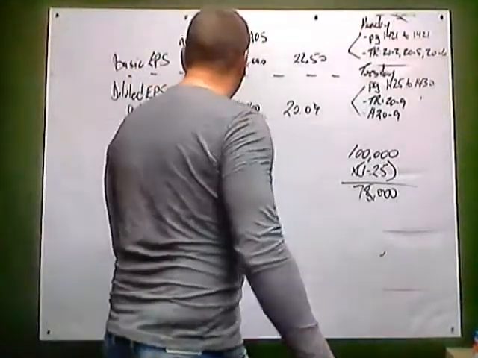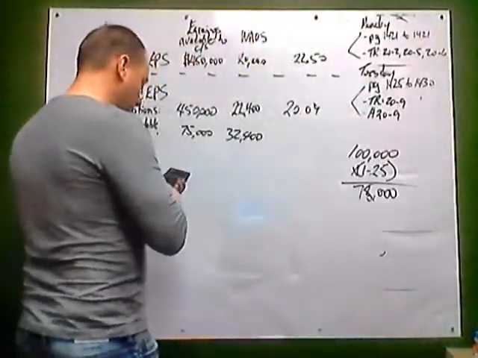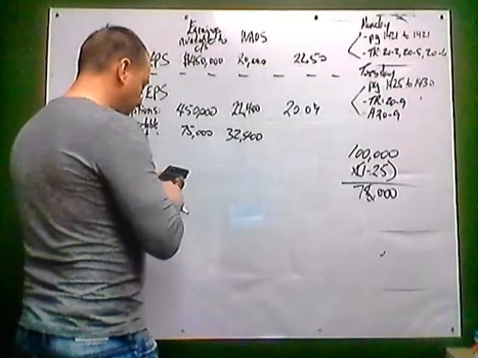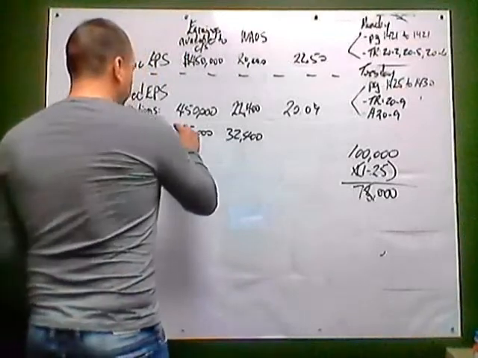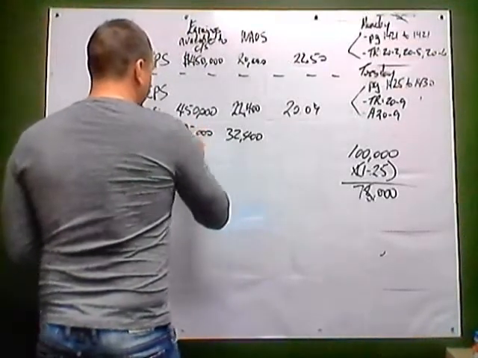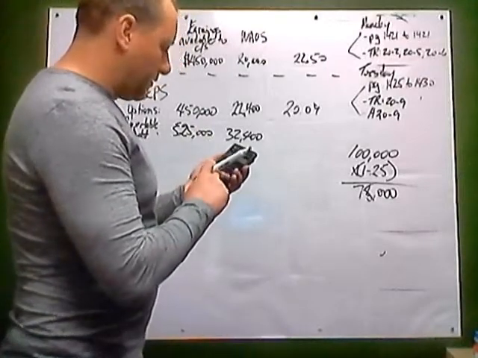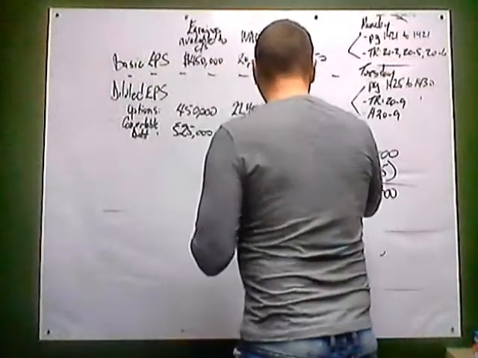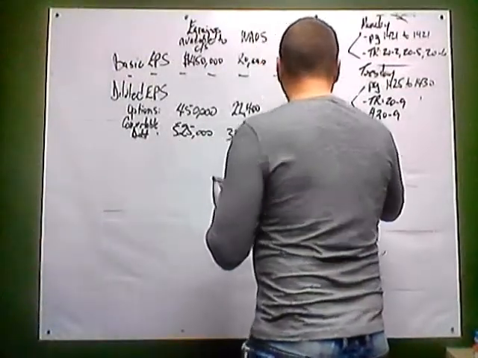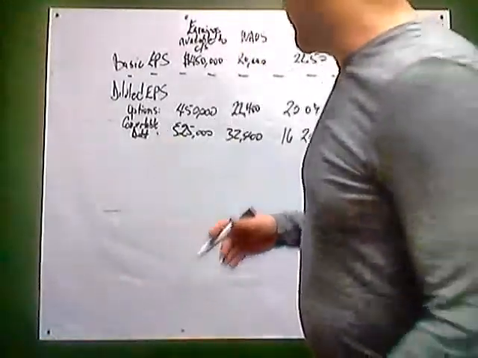So I just like to go 450 plus 75, 525. So 525 divided by 32,400. Now it's gone down to $16.20. Again, dilutive. There's all these dilutive measures that are in place that are bringing down our basic EPS.